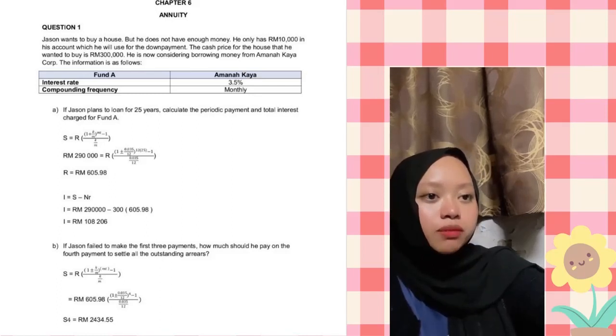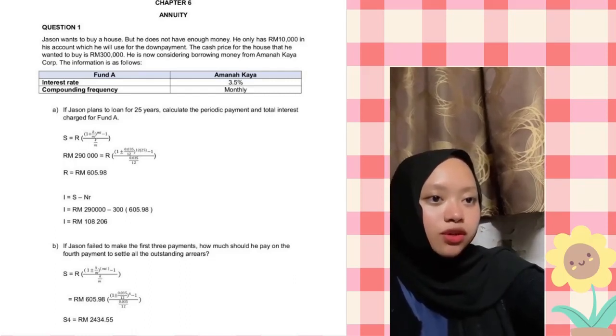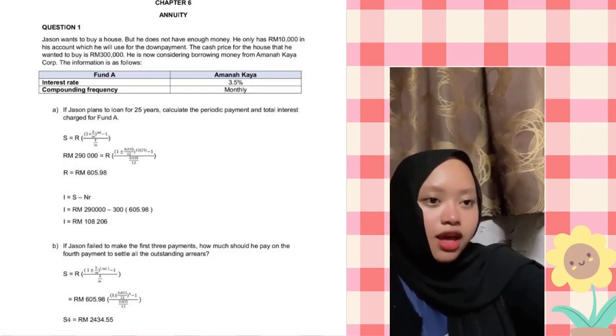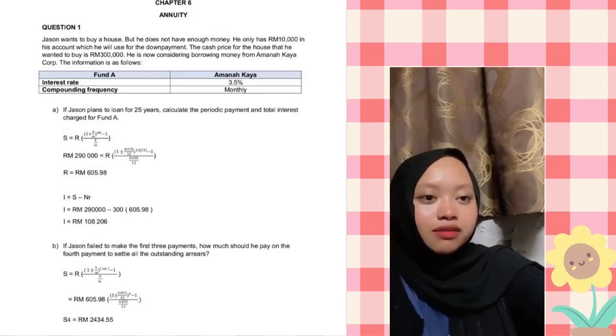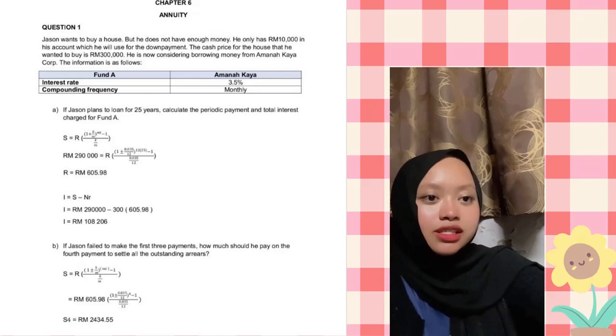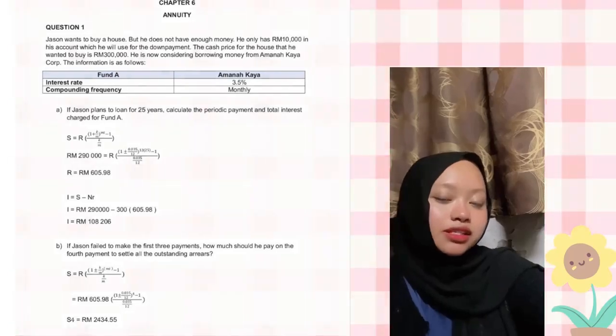And then 1 plus 0.035 divided by 12, divided again by 0.035 divided by 12. So the answer S4 is 2040. So the answer is 2,434 and 55 cents. That's it.